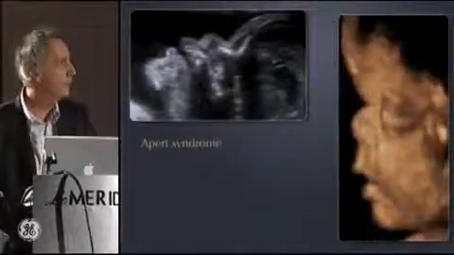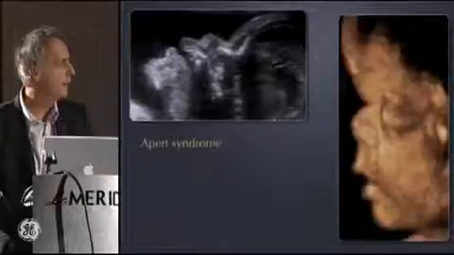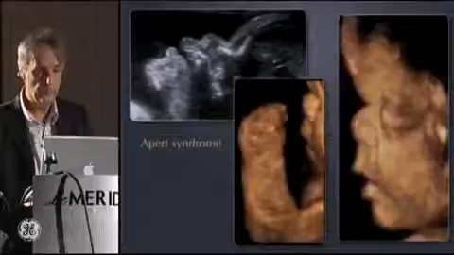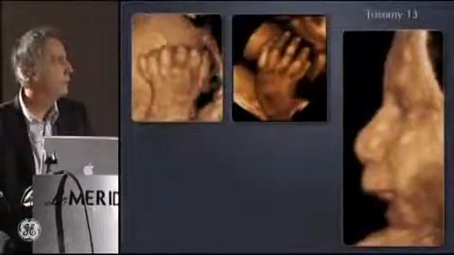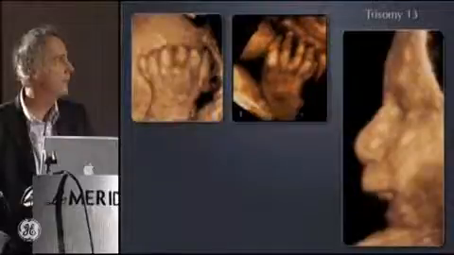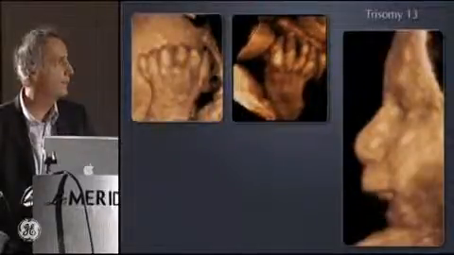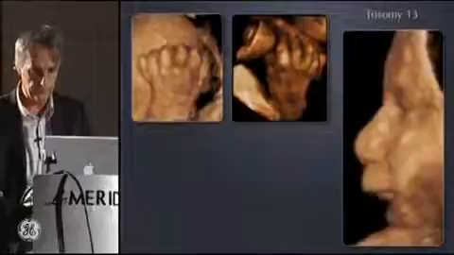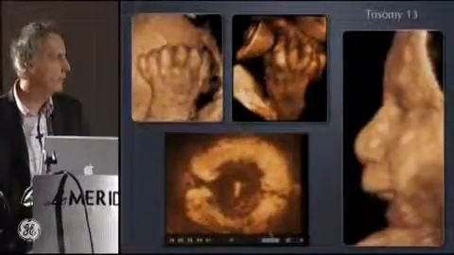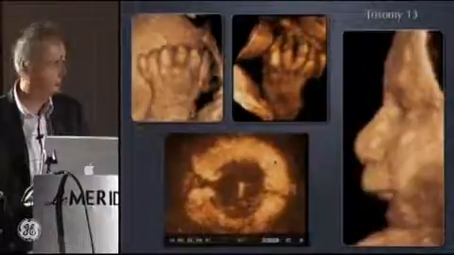Apert syndrome with a typical face, the hand with a complete syndactyly, a case of trisomy 13 late in the pregnancy with a postaxial hexadactyly and the face with a micrognathia. And this is a top view of the skull with a defect of the two parietal bones.